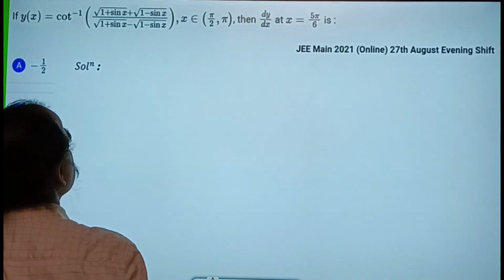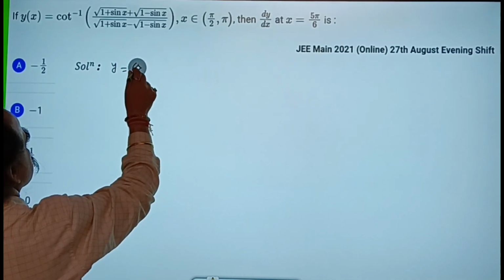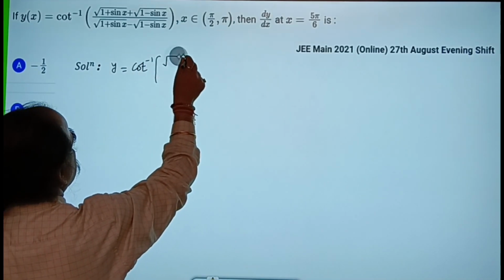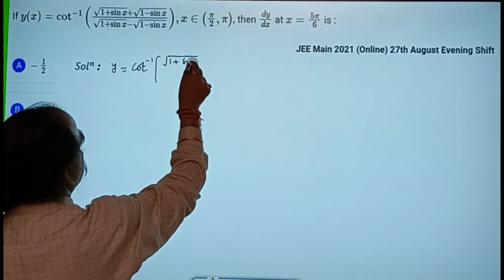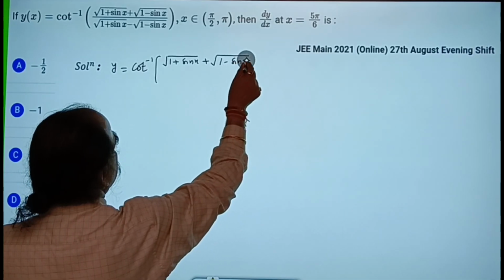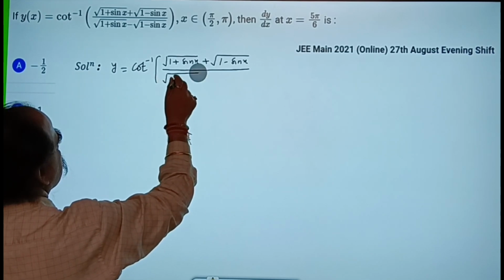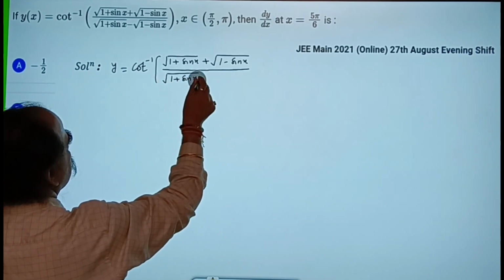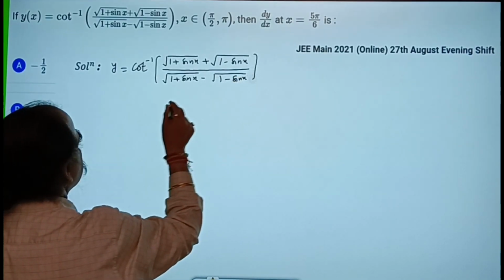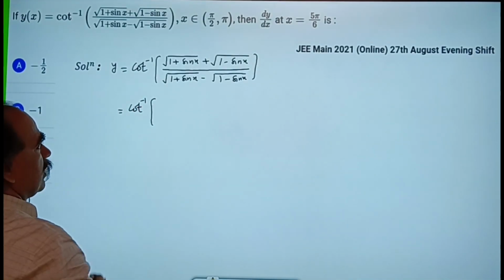Next: y is equal to cot inverse of (root 1 plus sin x plus root 1 minus sin x) upon (root 1 plus sin x minus root 1 minus sin x). 1 plus sin x is what?